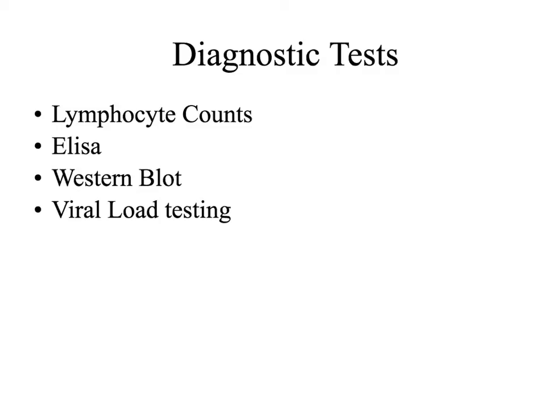If those two are positive, then the patient is diagnosed with HIV. Both the ELISA and the Western blot have to be positive to be diagnosed with HIV. The ELISA is first because it's the most cost effective, and then the Western blot.